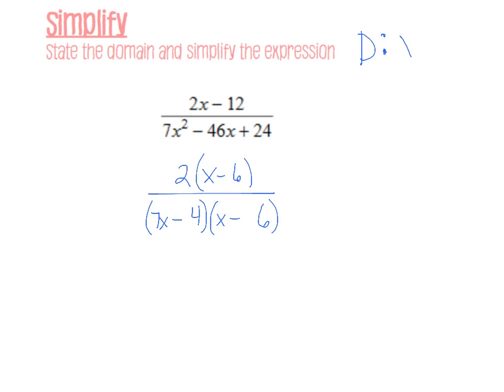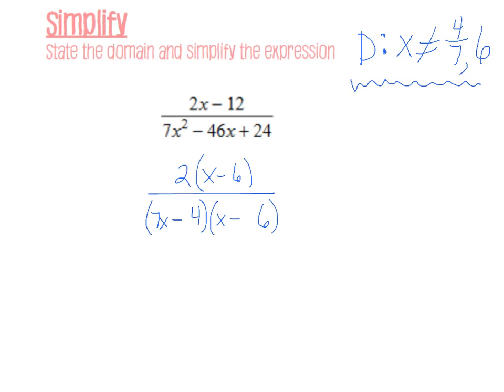Typically, we'll just write x cannot be anything that will make the denominator 0. In this case, if I set that equal to 0, I'd have x equal to 4/7, which means I do not want x to be 4/7. And in that second quantity, I would not want x to be 6. Those are the restrictions on the domain right there.